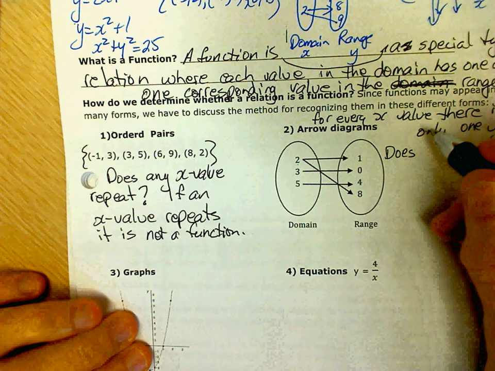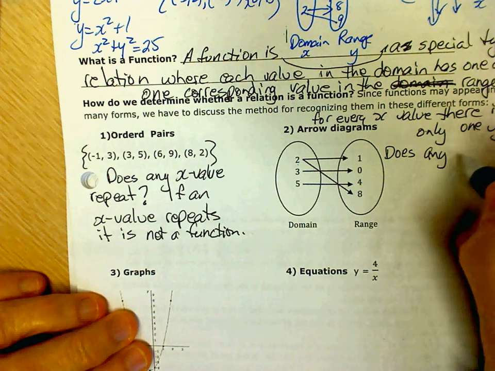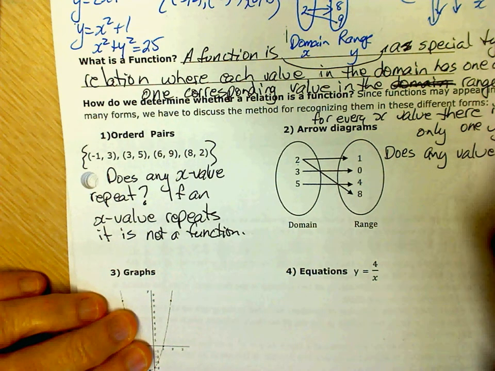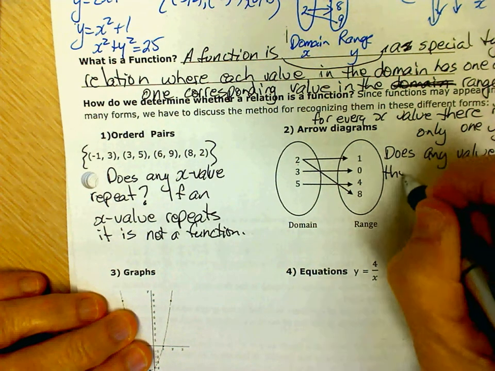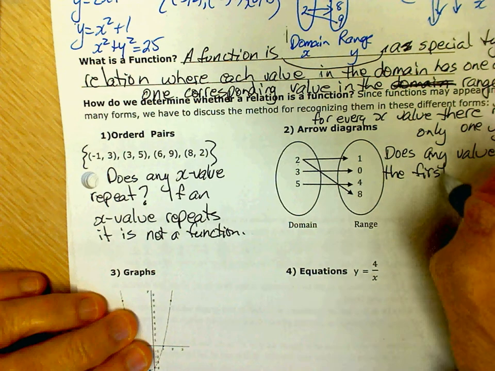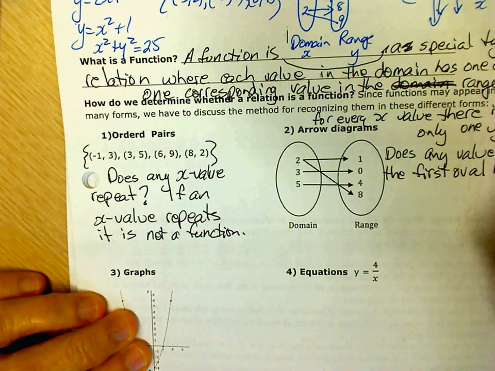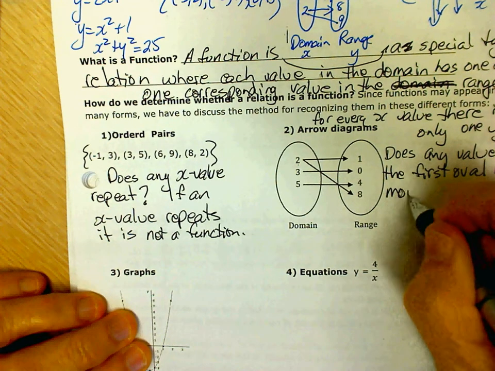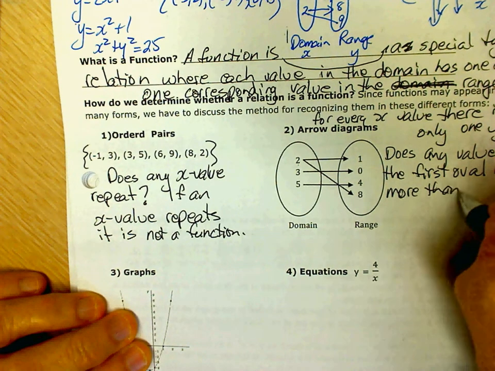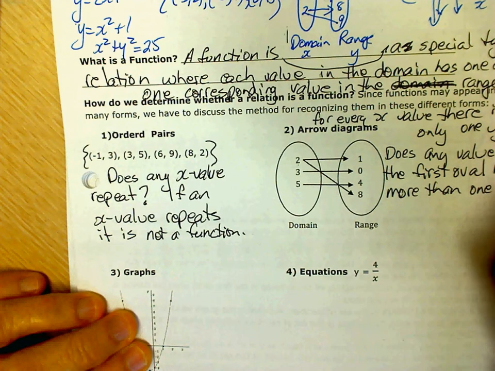Does any value in the first oval have more than one value in the second oval?